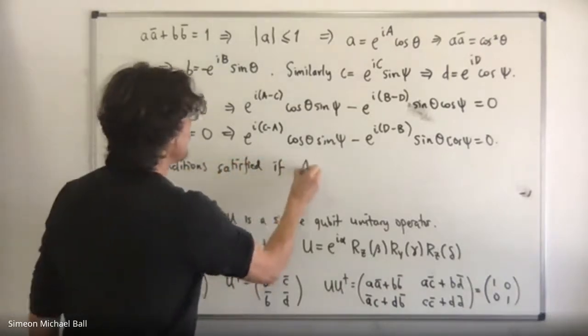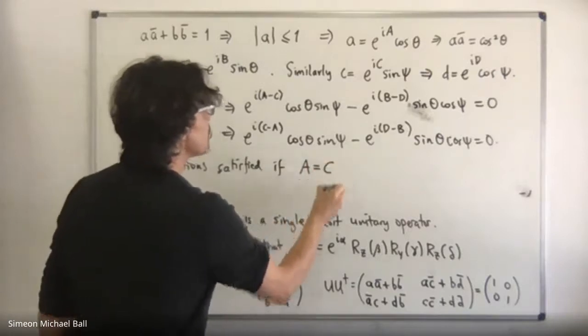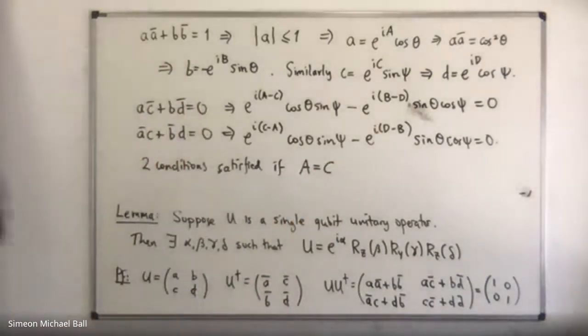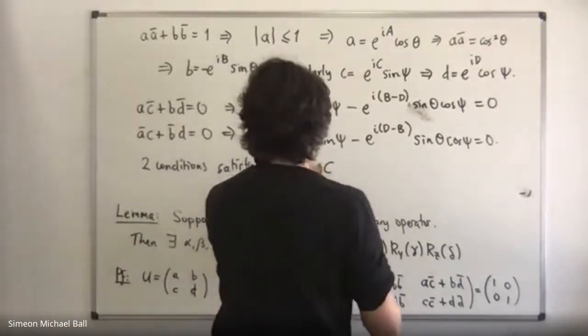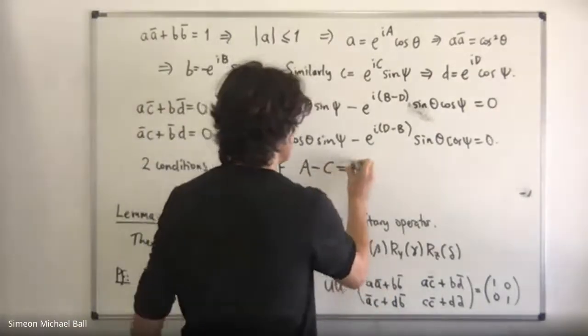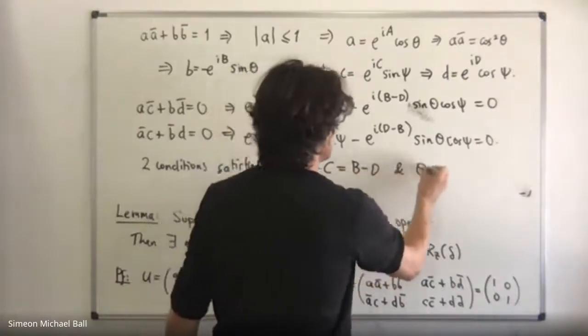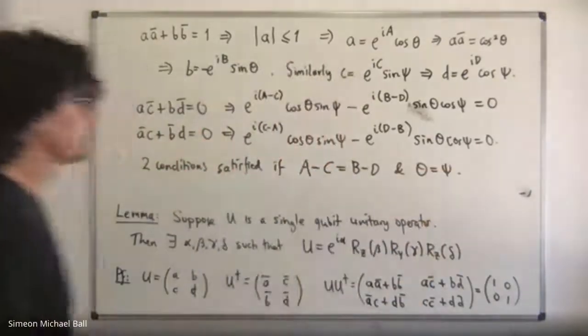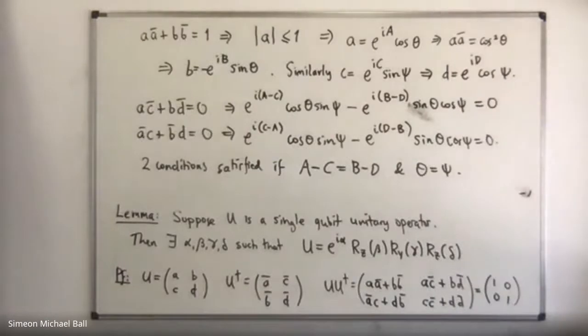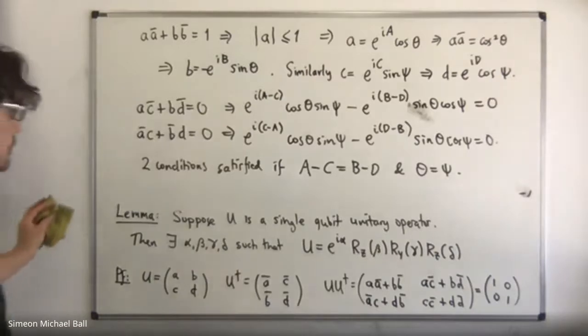Taking A minus C equal to B minus D, and theta equal to i, then we will get an identity.